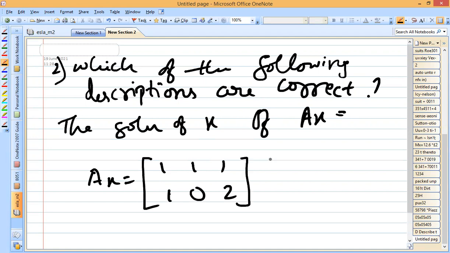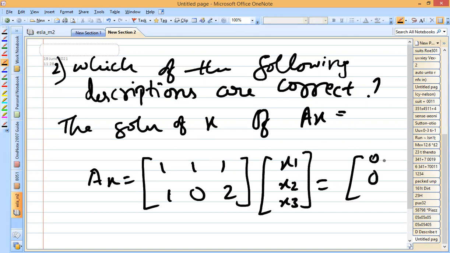111, 102, which is multiplied with x1, x2, x3 is equal to 0.